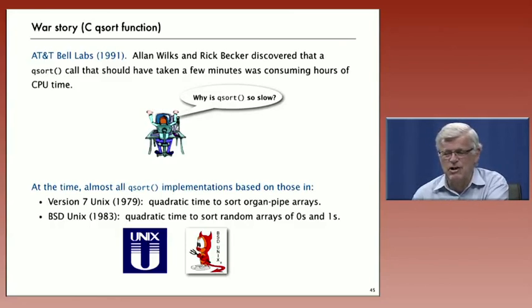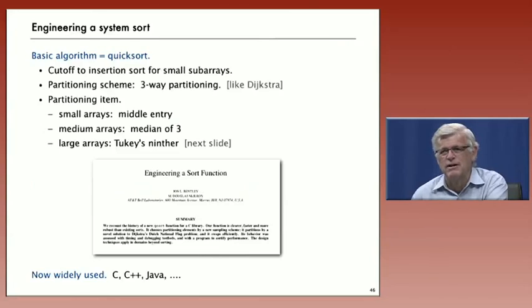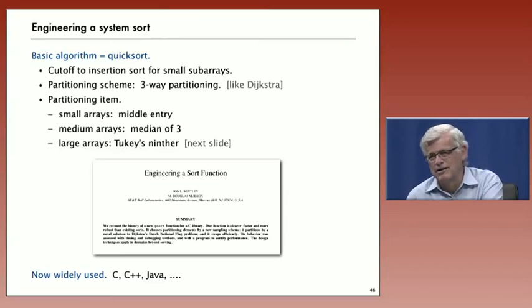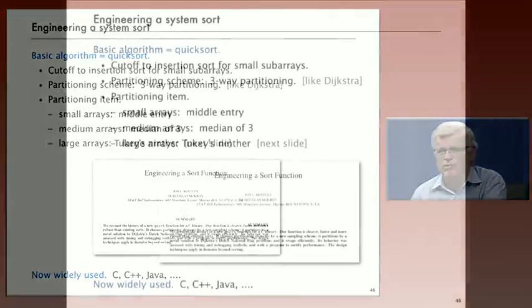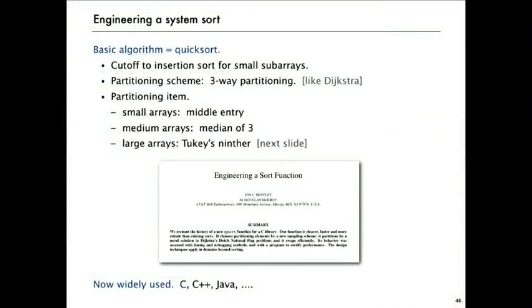System designers, Jon Bentley was one of the designers who took a look at this problem, and that led ultimately to the development of the three-way quicksort that we use today. He worked with Doug McIlroy, and they wrote a paper that outlined this problem and talked about some of these things. They had a three-way partitioning method that was somewhat like the Dijkstra method that we showed, but a bit more complicated.